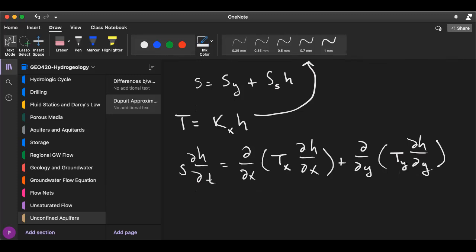What would it mean if I didn't have a T sub X or a T sub Y in that equation? It would mean that the K's are the same. They're not dependent upon the direction, so it's isotropic.